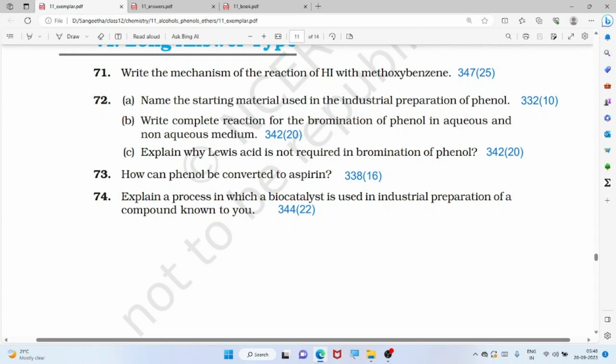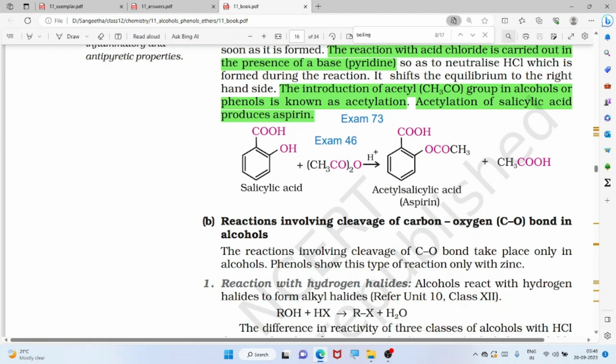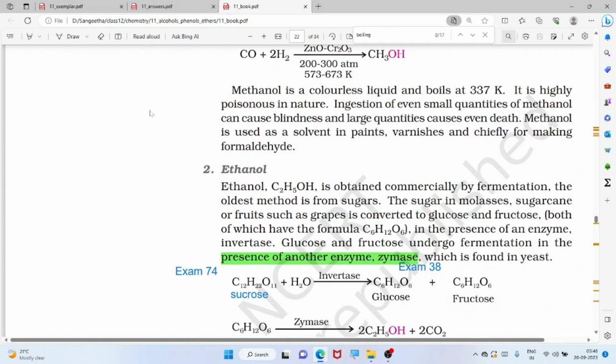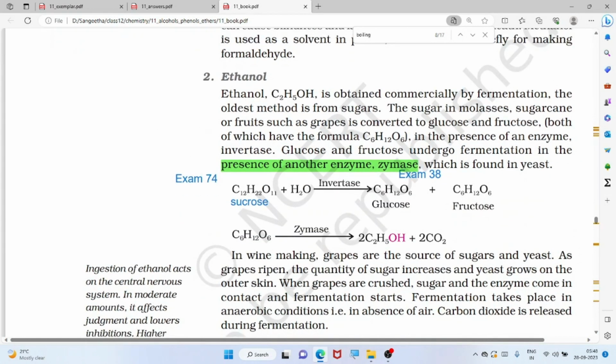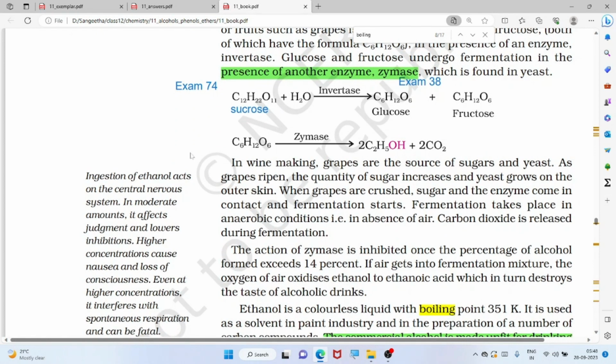Explain the process in which a biocatalyst is used in the industrial production of a compound known to you. Biocatalyst. These are the enzymes, the biocatalysts, like zymase and invertase. These are enzymes that are biocatalysts.